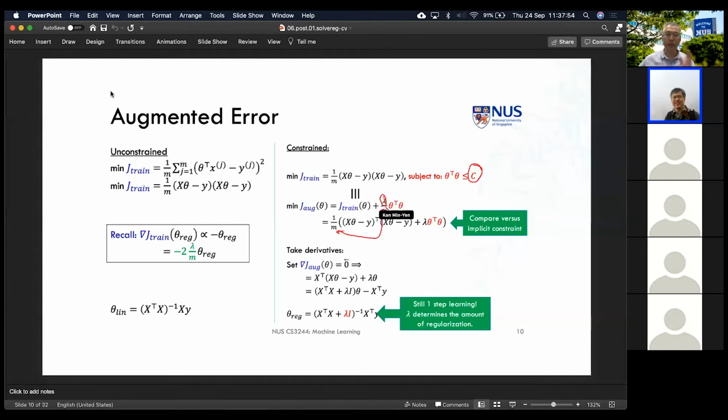So whether you use C or lambda, it doesn't matter. C looks nicer geometrically on our slides, because when you have C, you can draw this nice circle. When you have lambda, the circle is going to change size depending on how many points you have, so it doesn't look so nice. That's why we are using C in the earlier one.